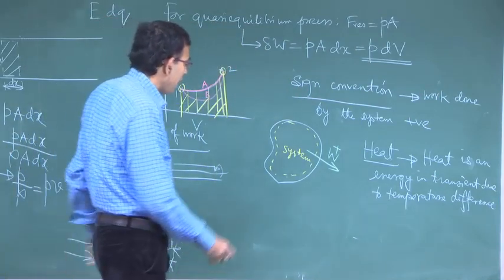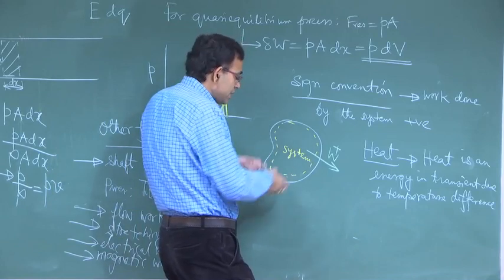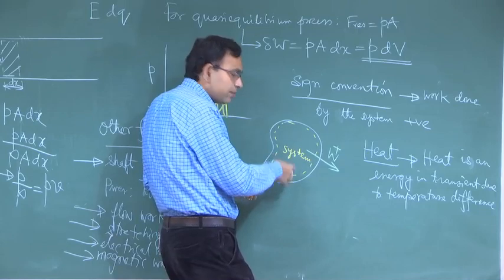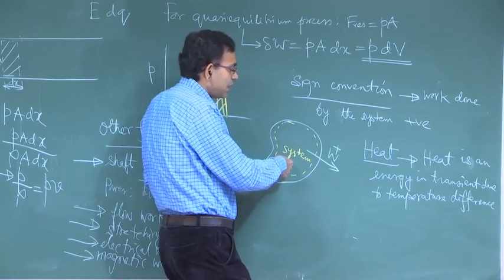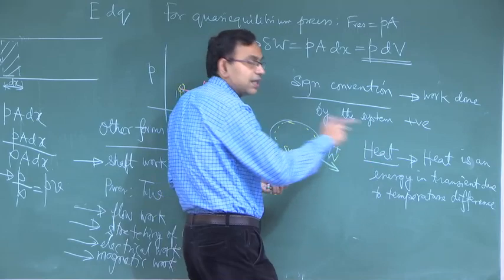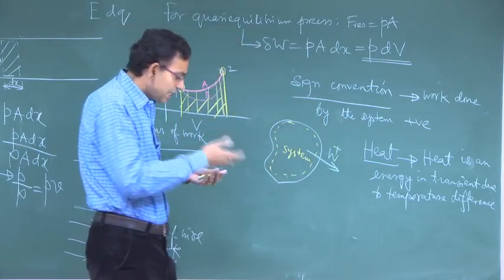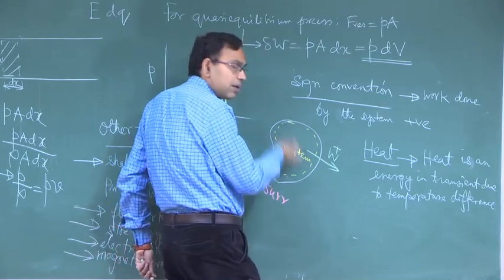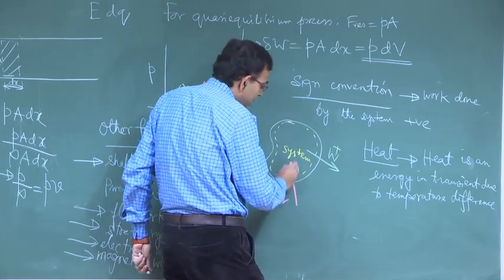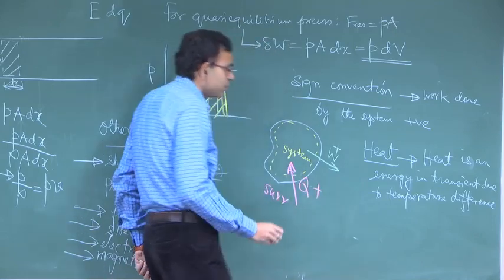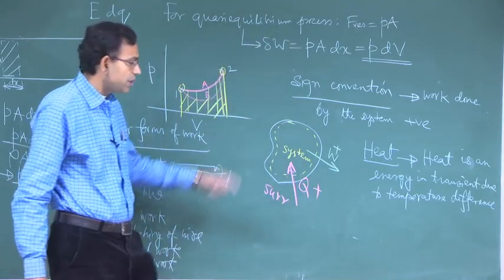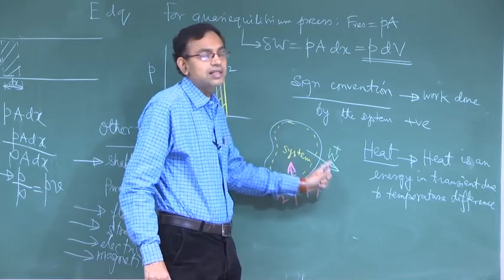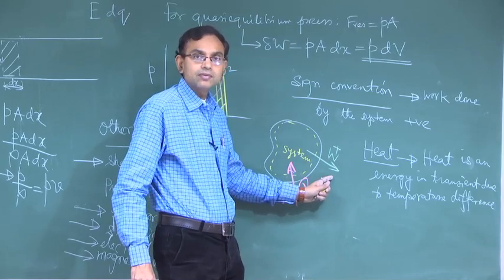If you have a system which is at a different temperature from the surroundings, then there is a heat transfer either from the system to the surroundings or from the surroundings to the system, which is governed by the temperature difference. Let us take an example when the surrounding has a greater temperature than that of the system. In that case heat flows like this, which we call positive heat transfer. So, positive heat transfer is energy gained by the system and positive work is energy lost by the system.